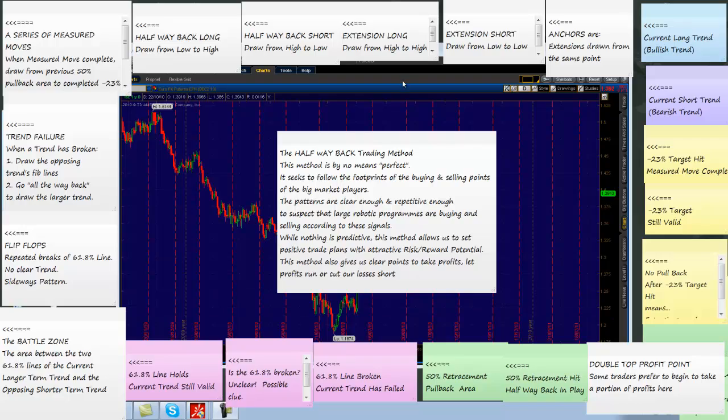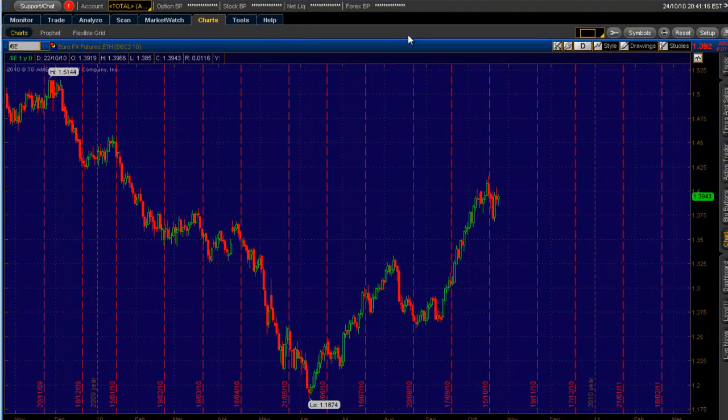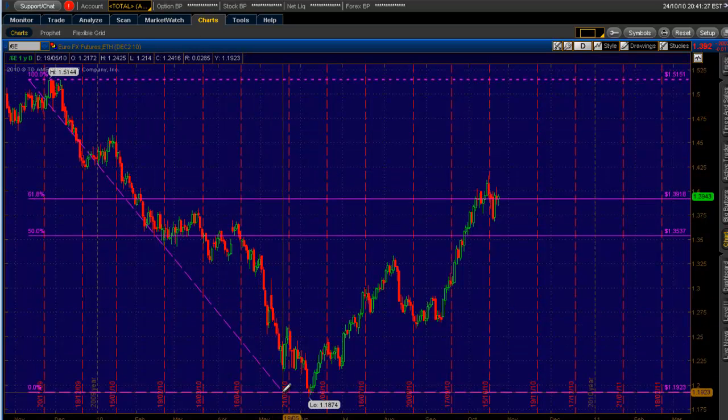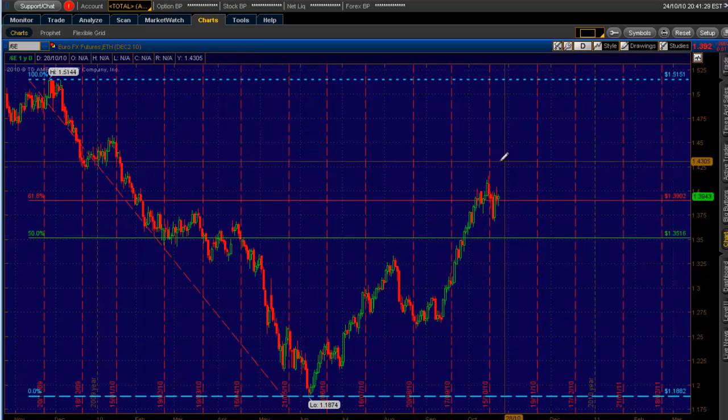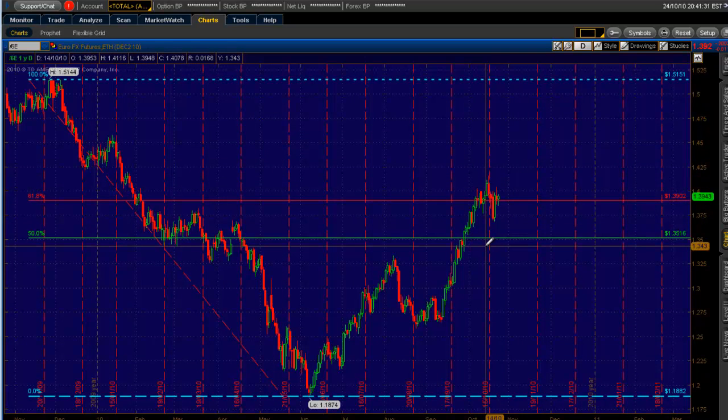Now tonight we're going to be looking at the FXE, which is the Euro futures contract, and you will note here that this big downtrend has been broken right there.